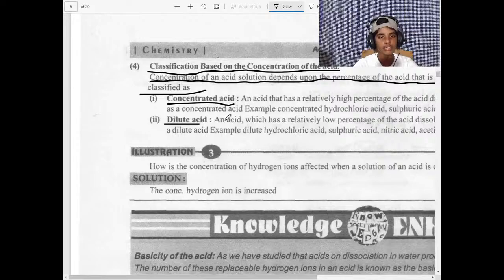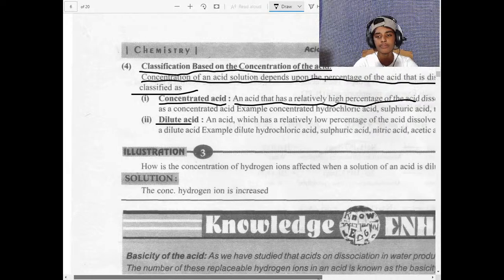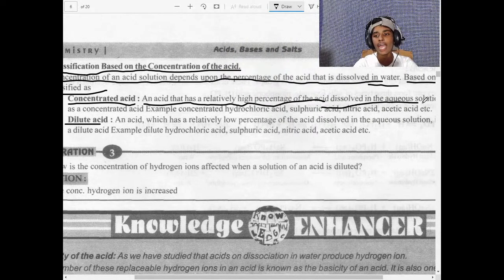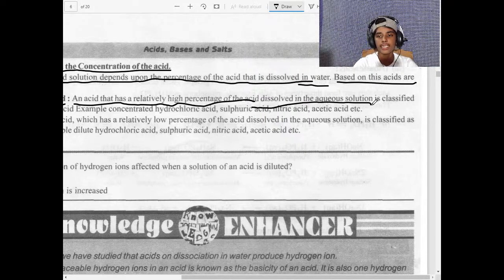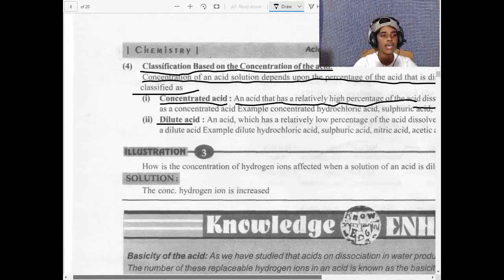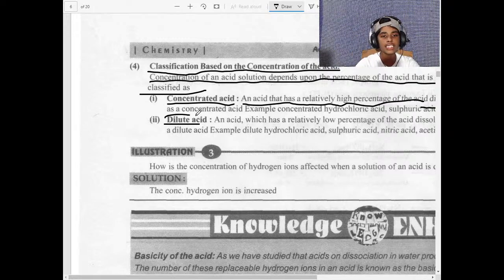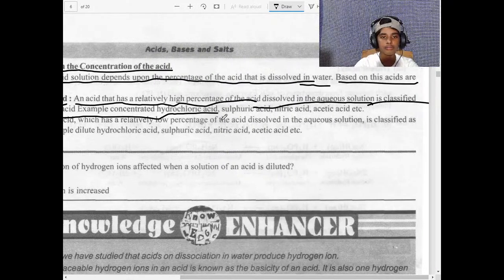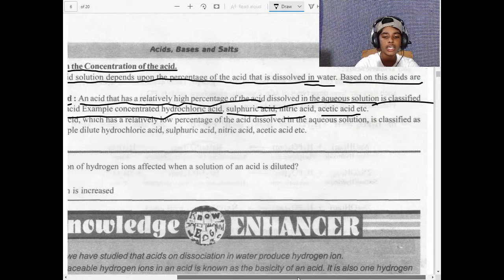First, an acid that has a relatively high percentage of the acid dissolved in aqueous solution is classified as concentrated acid. Examples: concentrated hydrochloric acid, sulfuric acid, nitric acid, and acetic acid, etc.